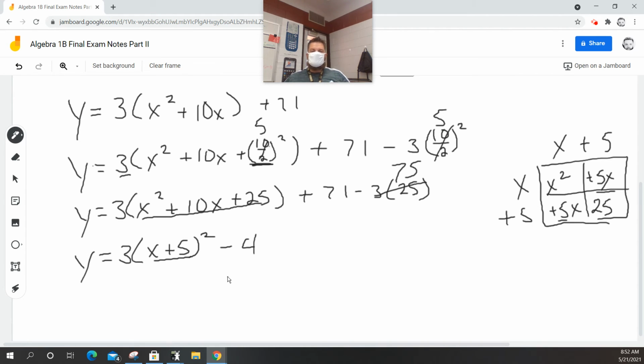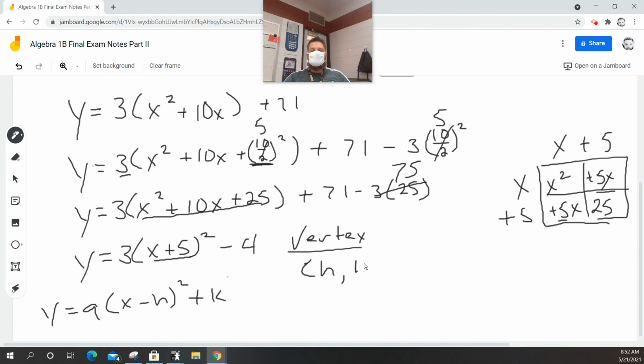And then what is the extreme value? Now, remember, this is what we call the vertex form, where the vertex is the opposite. In the vertex form, we have y equals a times x minus h squared plus k. And so the vertex will be my h comma k value. The h's are always the opposite because of this minus sign in the formula.